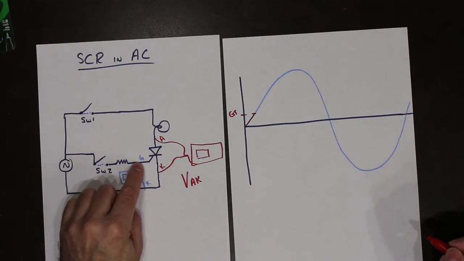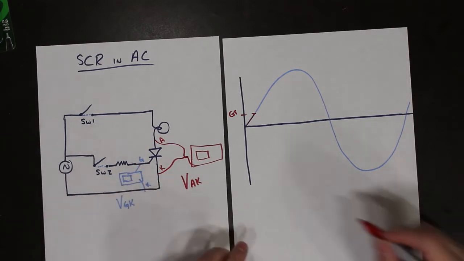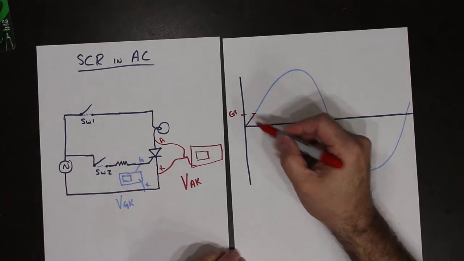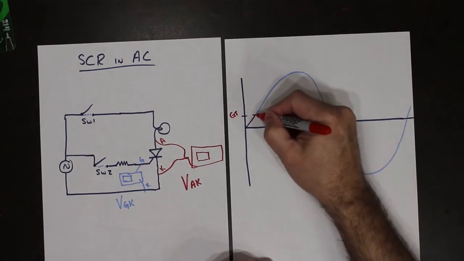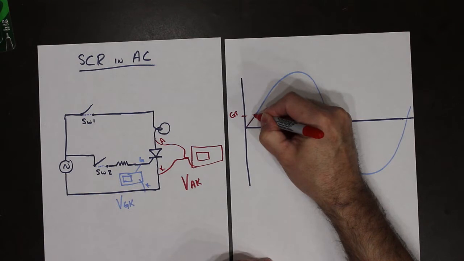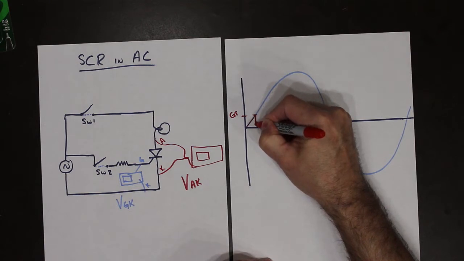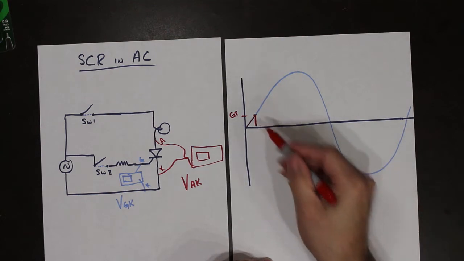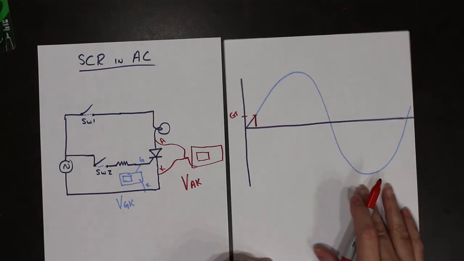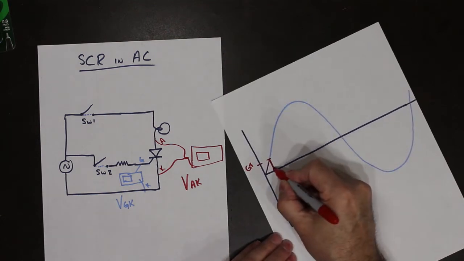Once we hit a point where the voltage is great enough to turn on this device, the voltage across the device drops, because remember the voltage across a closed switch is 0. That voltage will remain.